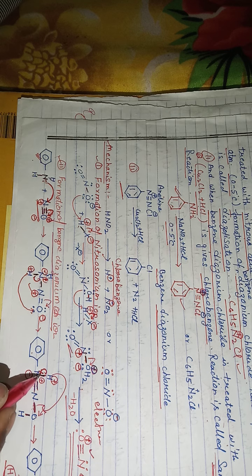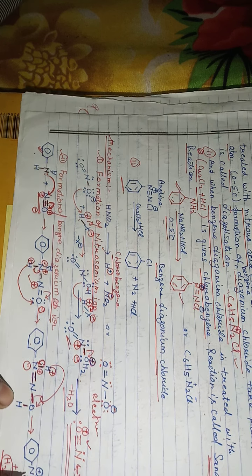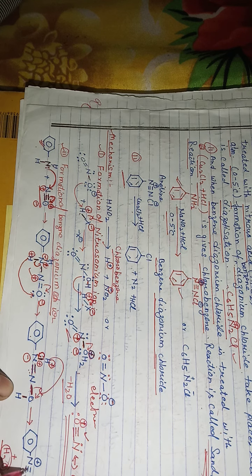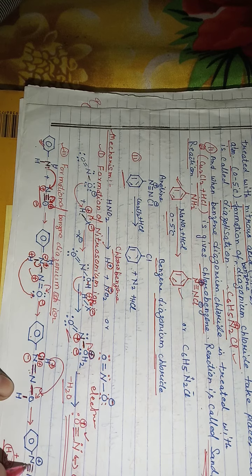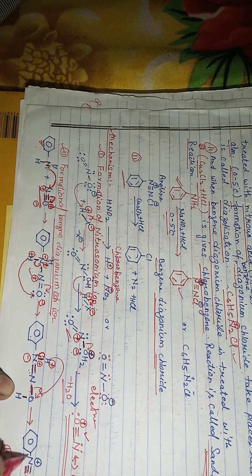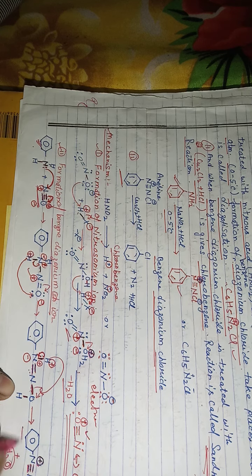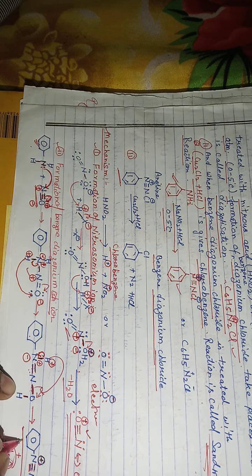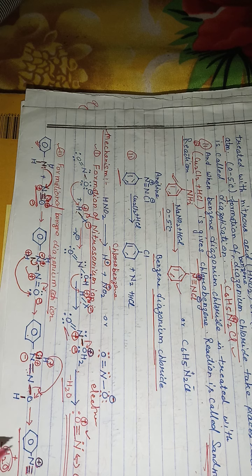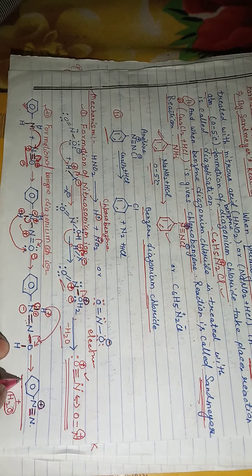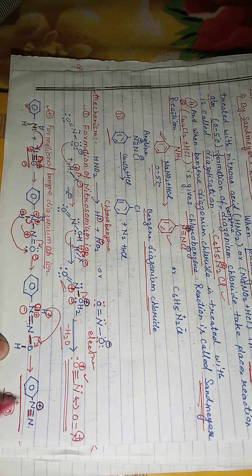When this hydrogen is removed, nitrogen forms another bond with this nitrogen, and these two nitrogens have a triple bond, N triple bond N, and this nitrogen contains a positive charge. This molecule is called the benzene diazonium ion.